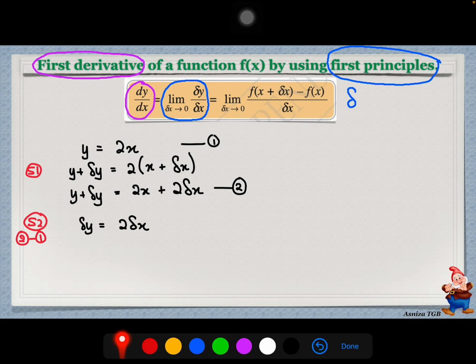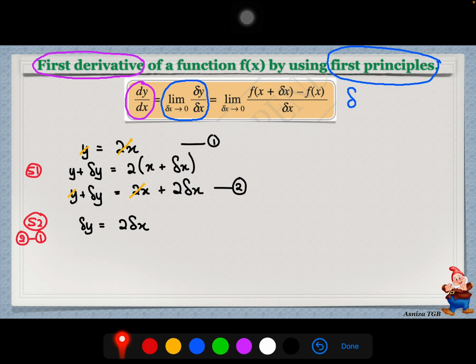Let's solve the simultaneous equations: equation 2 minus equation 1. So y minus y is 0, and the left hand side will be left with delta y. On the right hand side we have 2x minus 2x, so 2x is eliminated, and we are left with 2 delta x. So we have delta y equals 2 delta x.